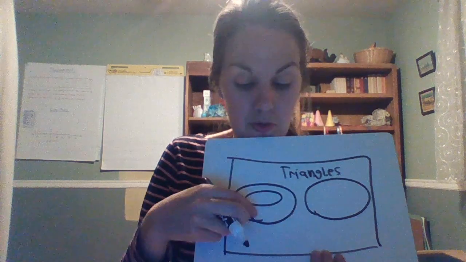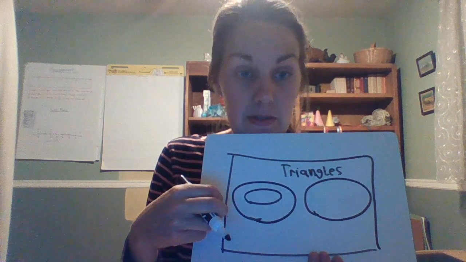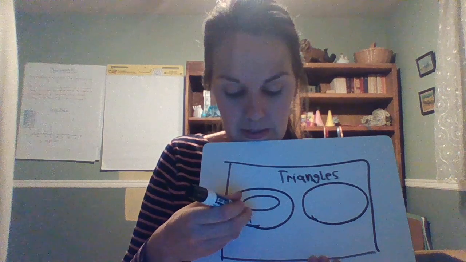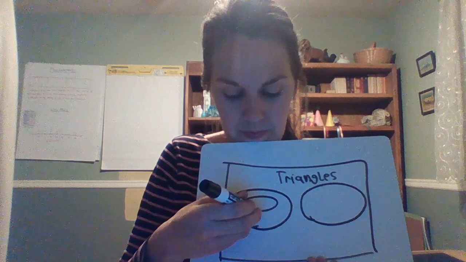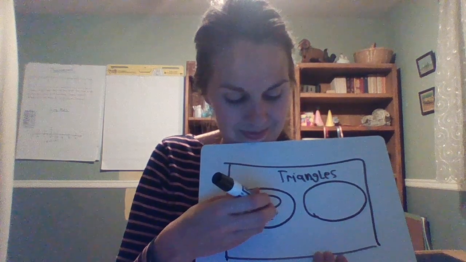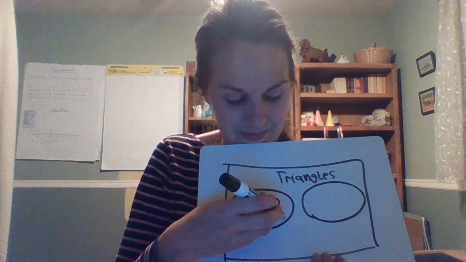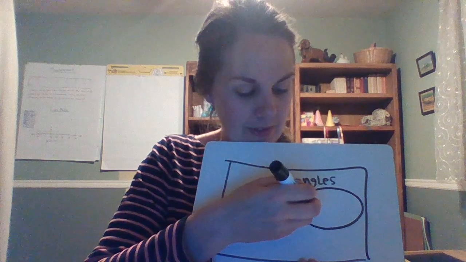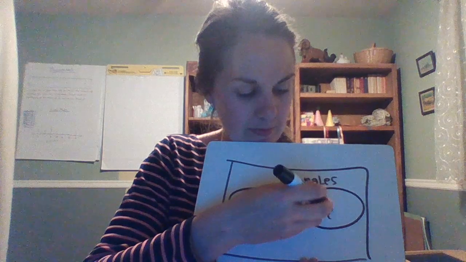And then in our 2 subcategories, we have isosceles triangles, and we have scalene triangles.